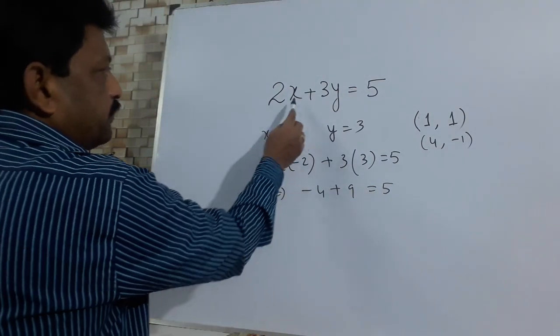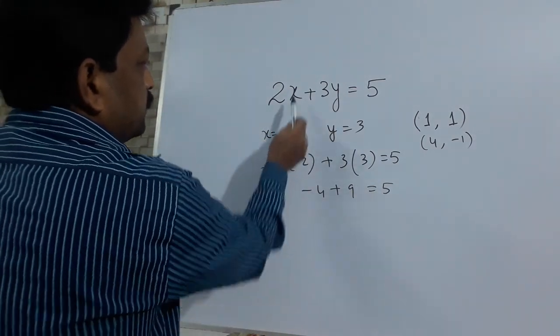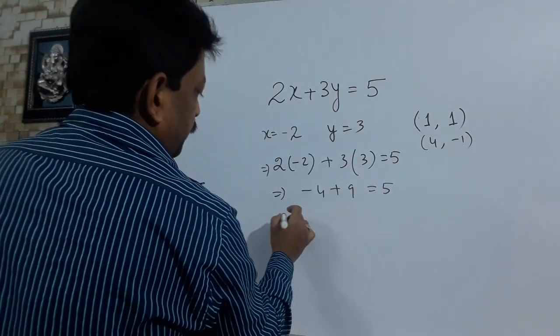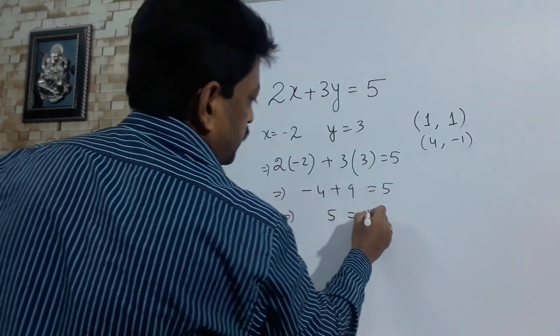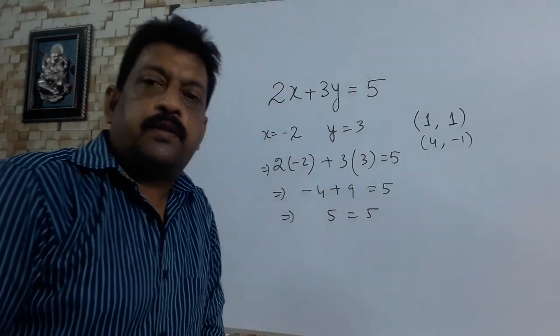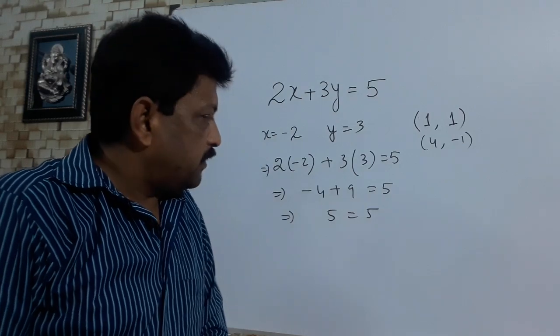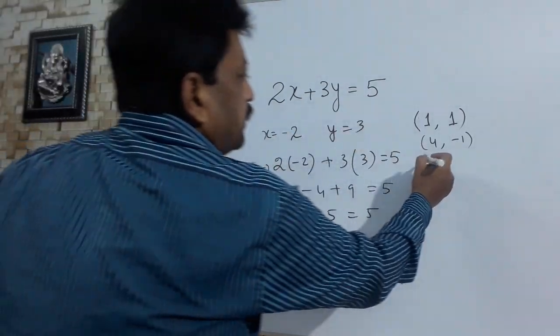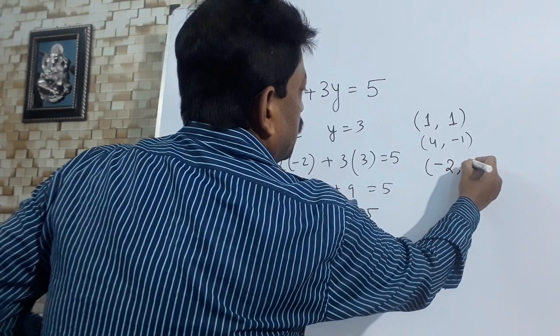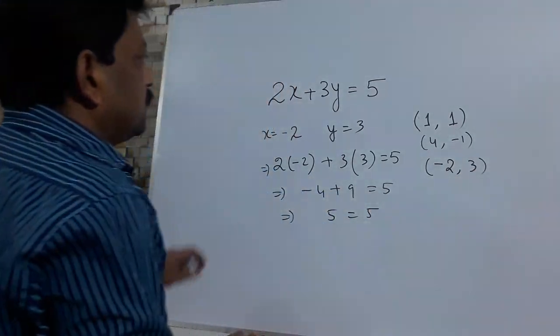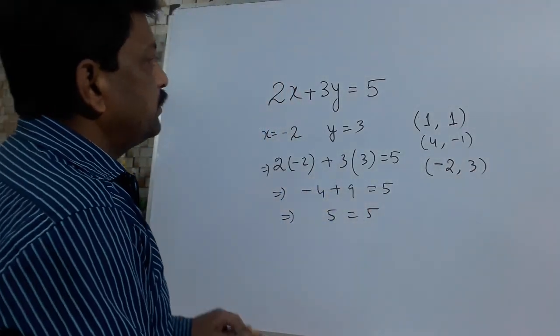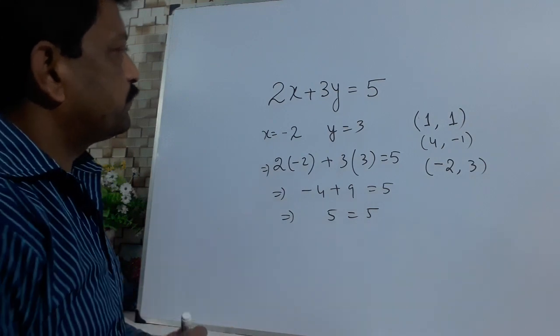I have replaced the values of x and y with minus 2 and 3 respectively. So here also I am getting LHS equal to RHS. That means I can say that this minus 2 and 3 is also the solution of this linear equation 2x plus 3y equals to 5.